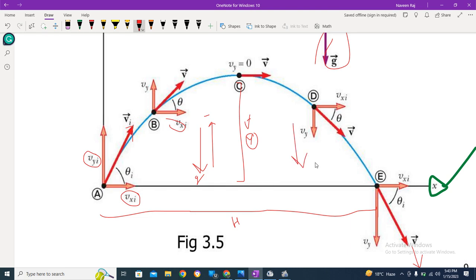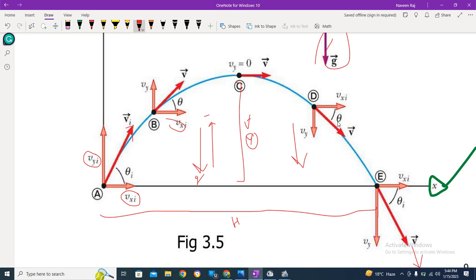The reason is that the velocity is decreasing and again increasing. Here it was max, here it was neutral, here again increasing. So there is a shift, and due to the shift the signs are different.